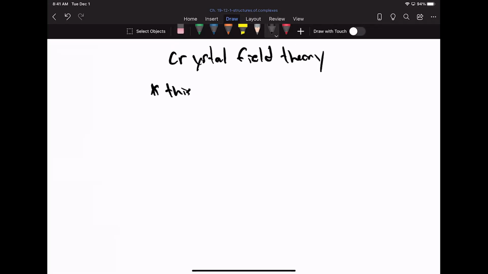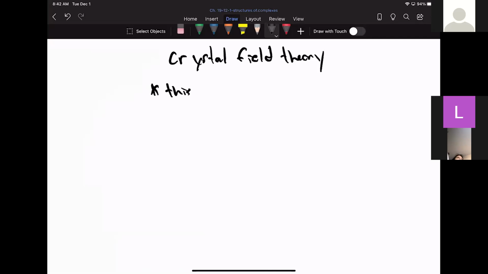So this involves unhybridized d orbitals of the central atom, right? Unhybridized. So you've already talked about unhybridized p orbitals, the s and p orbitals, where you hybridize those for like CH3, CH2, CH. We're now going to consider the unhybridized d orbitals. So we'll write that down.